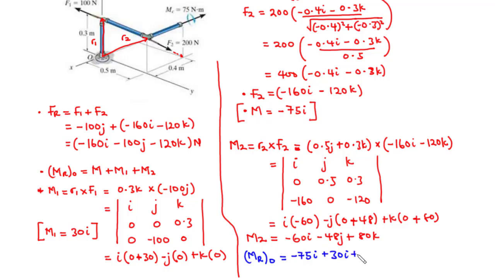So we have plus negative 60i minus 48j plus 80k. So that is equal to negative 75 minus 60 is negative 135 plus 30. So that becomes negative 105i minus 48j plus 80k. Now we have this in Newton meters. So this happens to be the resultant couple moment about point O.